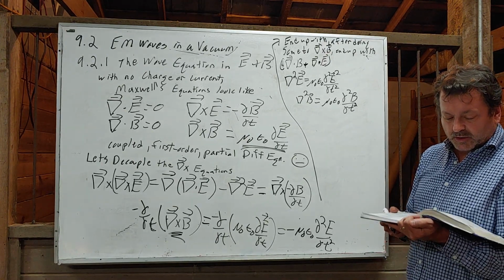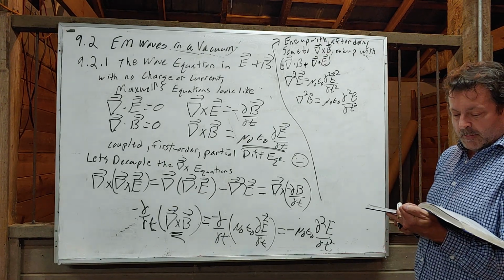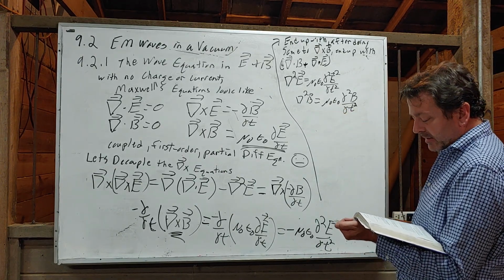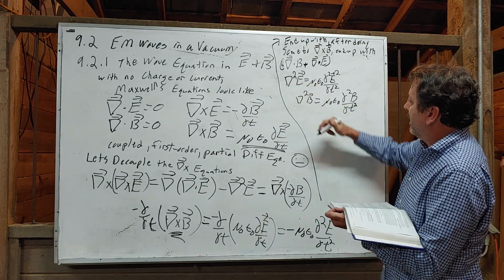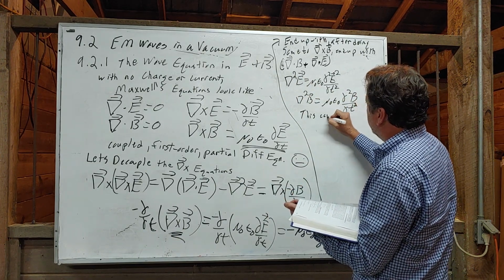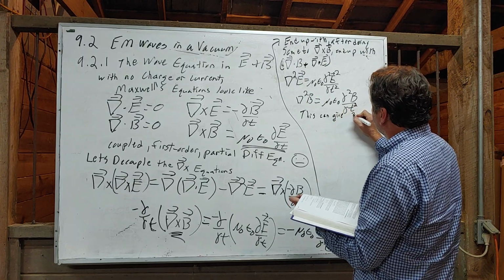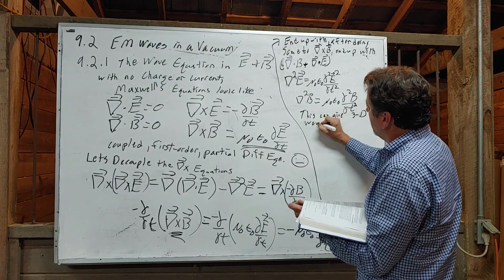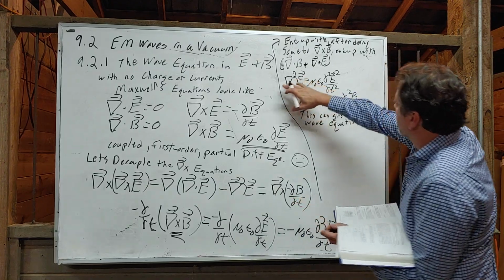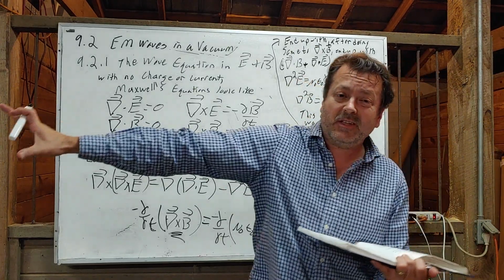Now, what's interesting with this, in a vacuum, that's where this mu naught epsilon naught is. Basically, you can generalize this to give the three-dimensional wave equation. What is that three-dimensional wave equation? That's how E changes as it goes forward.